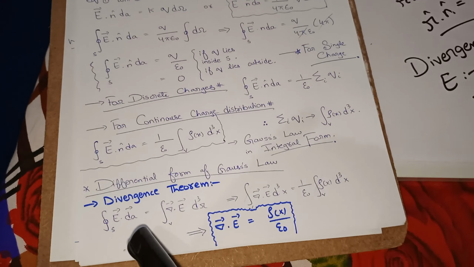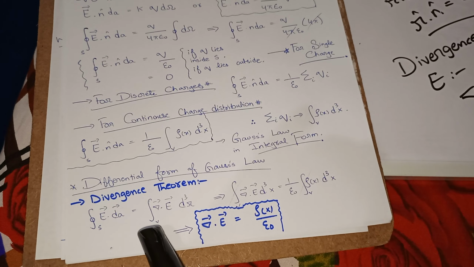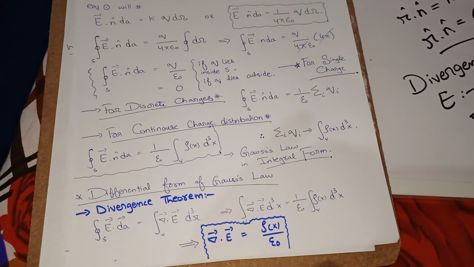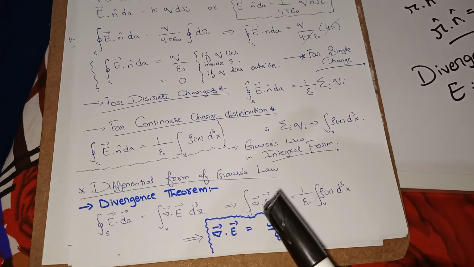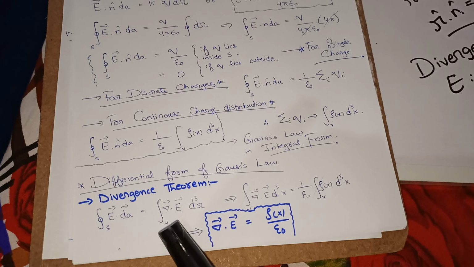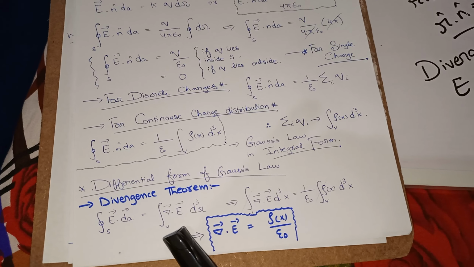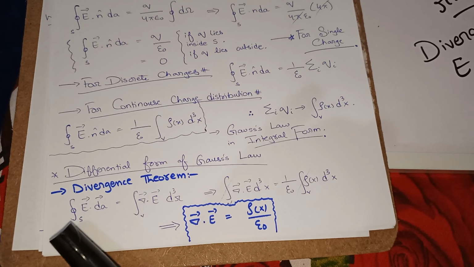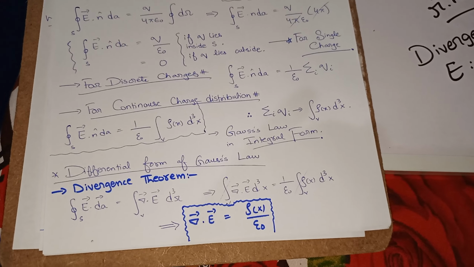So your electric field distribution becomes equal to the divergence theorem over the whole volume. You will take the volume element d^3r in the volumetric integral. Now you just have to put in the value of E and compare.